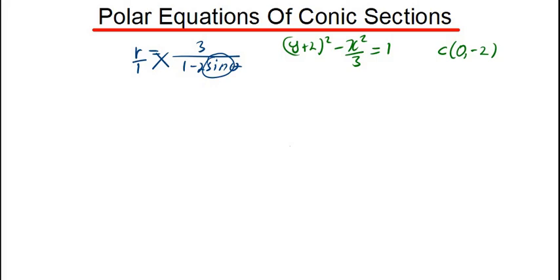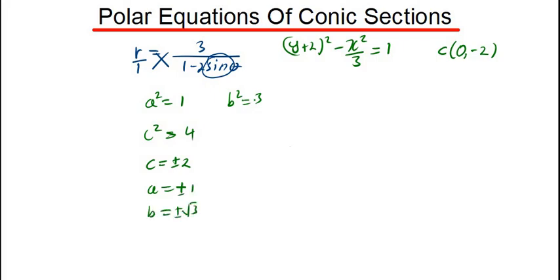But before I do that, it's important to note that my a squared equals 1, then my b squared equals 3, then c squared equals a squared plus b squared, which is 4. Meaning c equals positive or negative 2. Then my a is positive or negative 1. My b is positive or negative root 3.